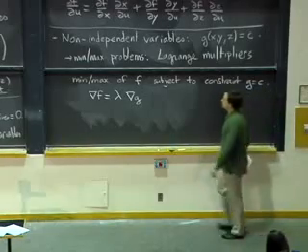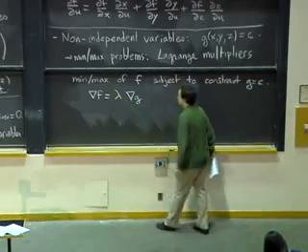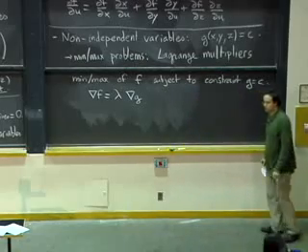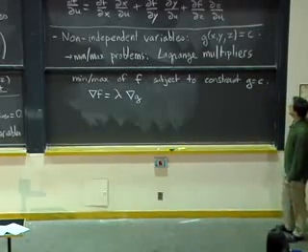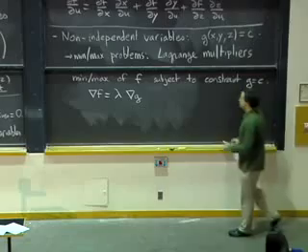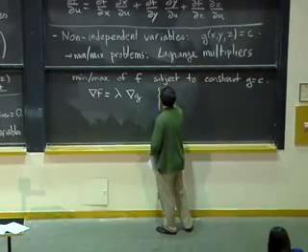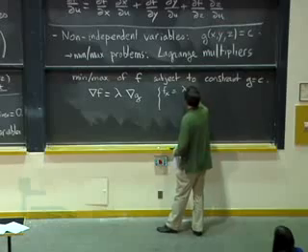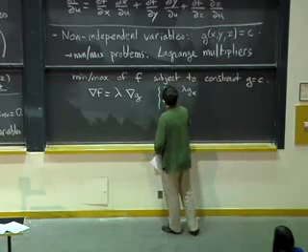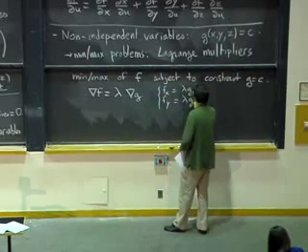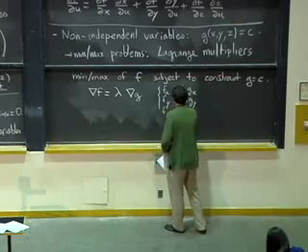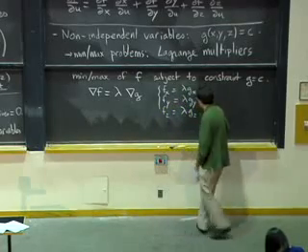So there's a new variable here, lambda, the multiplier. And so, for example, here I had functions of 3 variables, so this becomes 3 equations. f sub x equals lambda g sub x, f sub y equals lambda g sub y, and f sub z equals lambda g sub z.